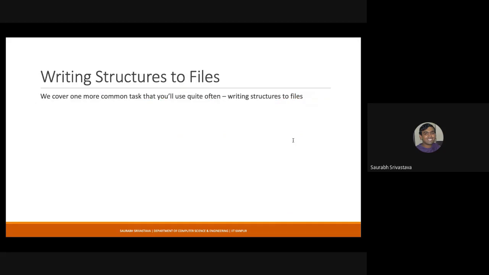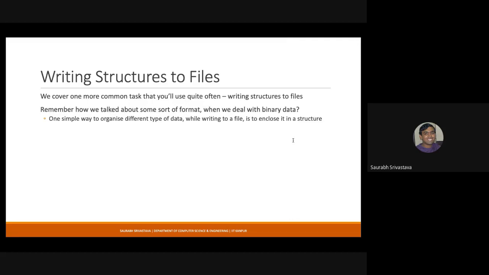Structures, yes. Just like any common variable, integer, char, float, double, you can also read and write structures directly to a file. Whenever you write or read a structure, all the member variables within that structure are read or written, and it is a best practice not to read or write individual member variables, but to read and write structure variables as a whole.